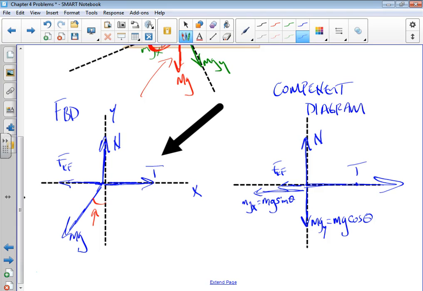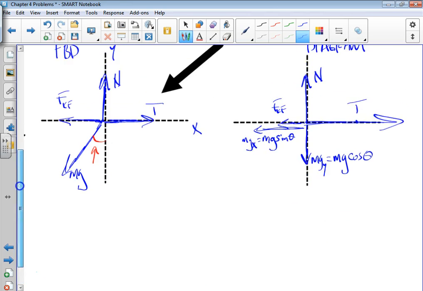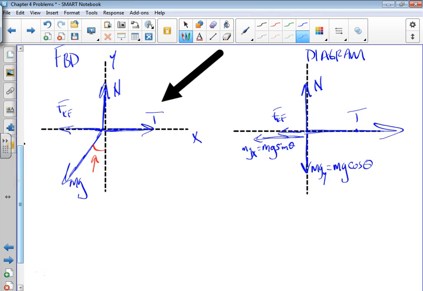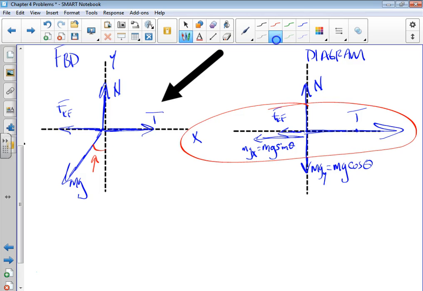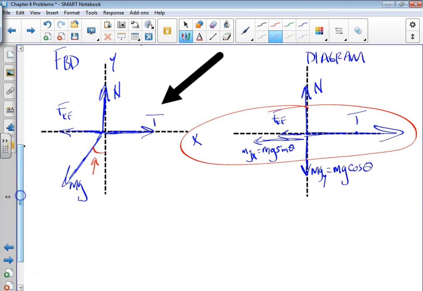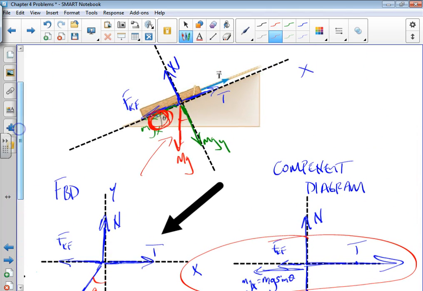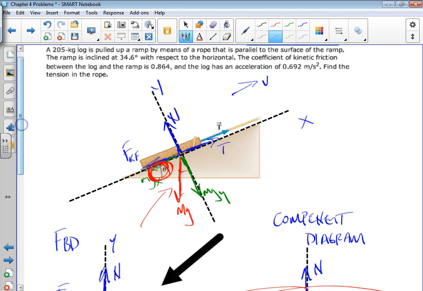So we're going to use that component diagram, now that we've got it, to work in, let's see, the excitement here is all in the horizontal dimension. We know that in the quote unquote vertical, the y dimension, which isn't quite vertical the way we look at it here, there's nothing interesting happening.